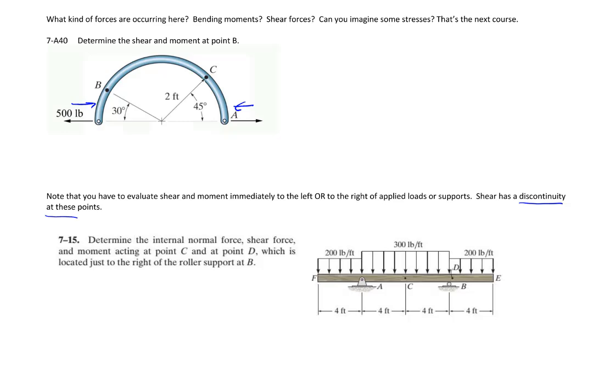Well, here's another example, I suppose, of shear and moment in action. Let's say that you had a piece of metal that was bent in a semicircle like that. If you pulled on it from one side, you'd have to pull on it from the other side, and clearly you're stretching it out, and you can see that it probably is experiencing some forces that could be analyzed. Or you can maybe do it the opposite direction.